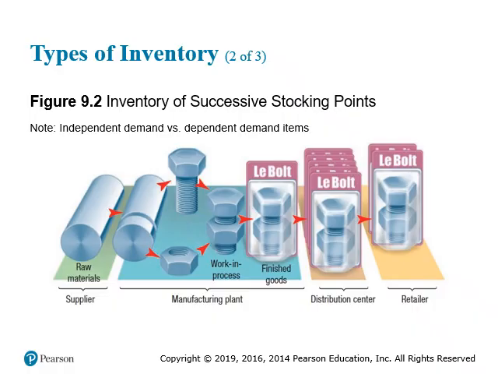And so the product here, the Le Bolt package, is what we would call the independent demand item, that finished good in a package. And so we don't need the packages and we don't need the bolts unless we have a requirement for the finished goods.